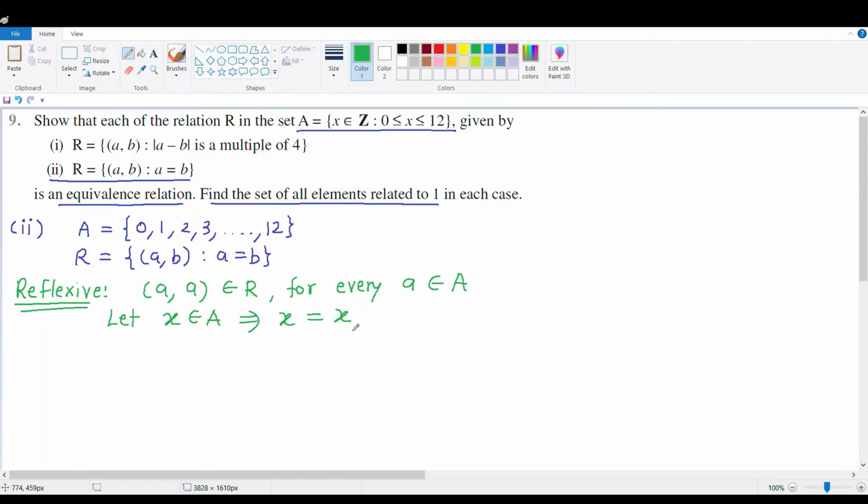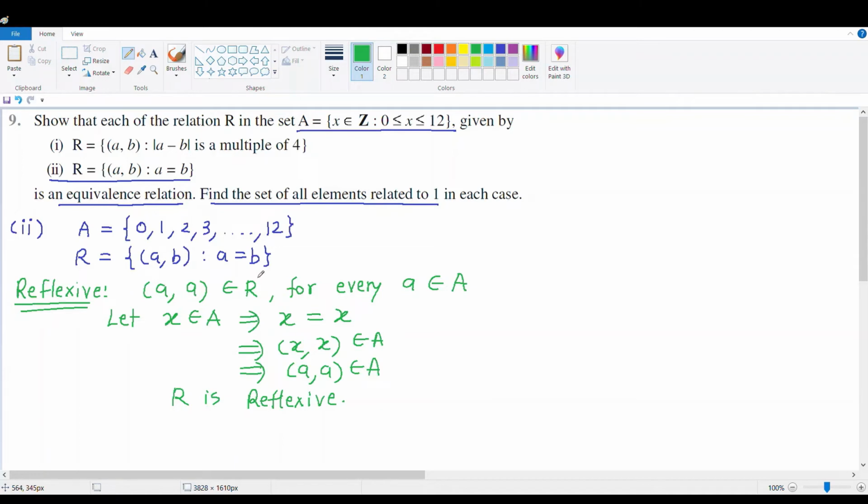And since x is equal to x, that means (x, x) is going to belong to R. That means R is reflexive, right? What we were supposed to show, that (a, a) belongs to R.